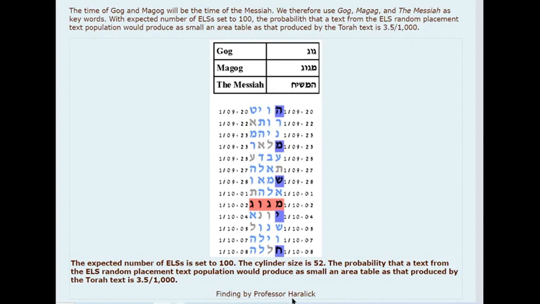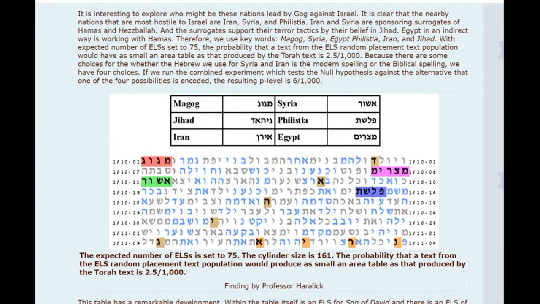This is also a table which was found by Professor Haralick. A step further, this is a table also found by Professor Haralick. He said it is interesting to explore who might be these nations led by Gog against Israel. It is clear that the nearby nations that are most hostile to Israel are Iran, Syria, and Philistia.